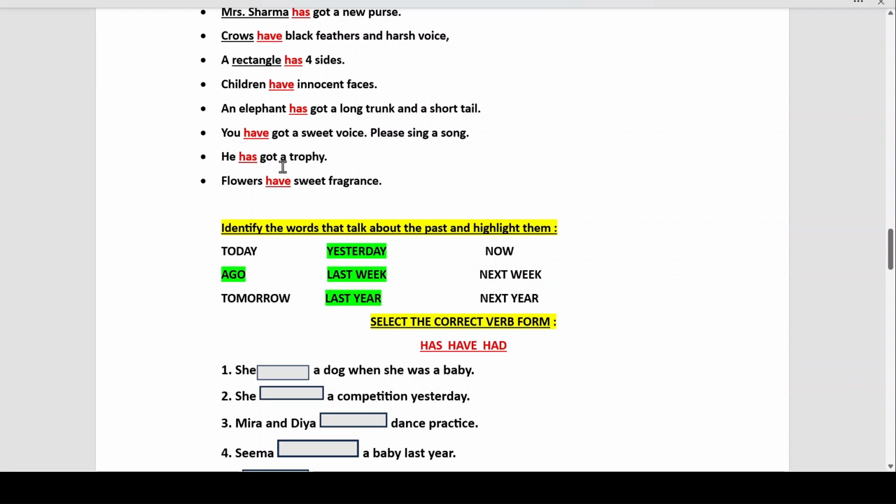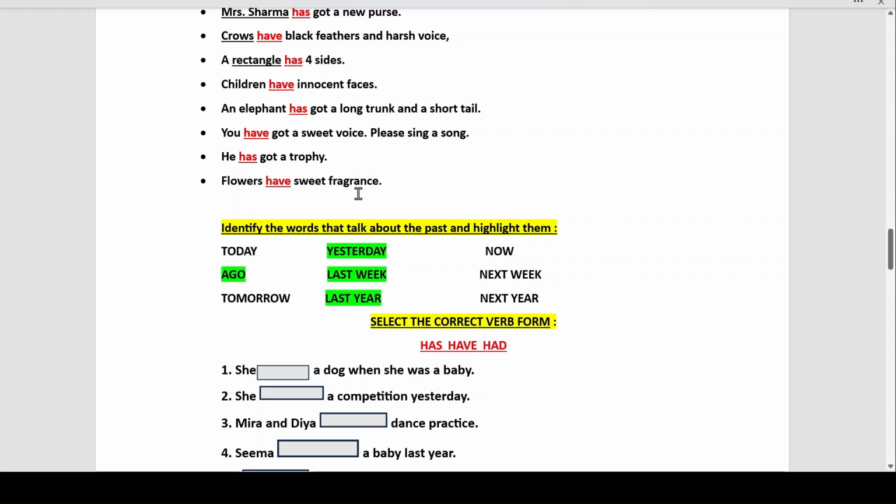He has got a trophy. Where do we use has? After he, she, it, proper names, titles or singular subject in third person. Therefore, he has got a trophy. Flowers have sweet fragrance. Our subject is flowers. It is plural. So we use have after any plural subject. Therefore, flowers have sweet fragrance.